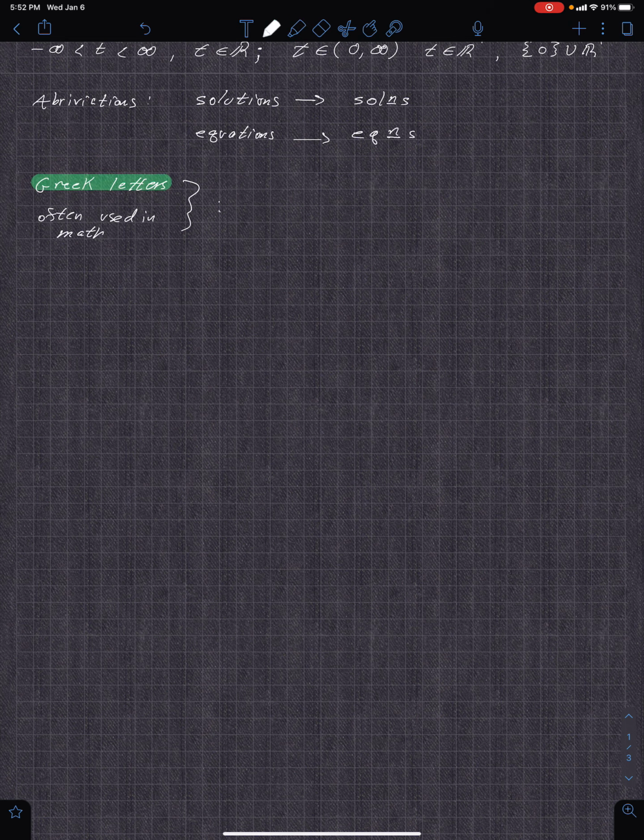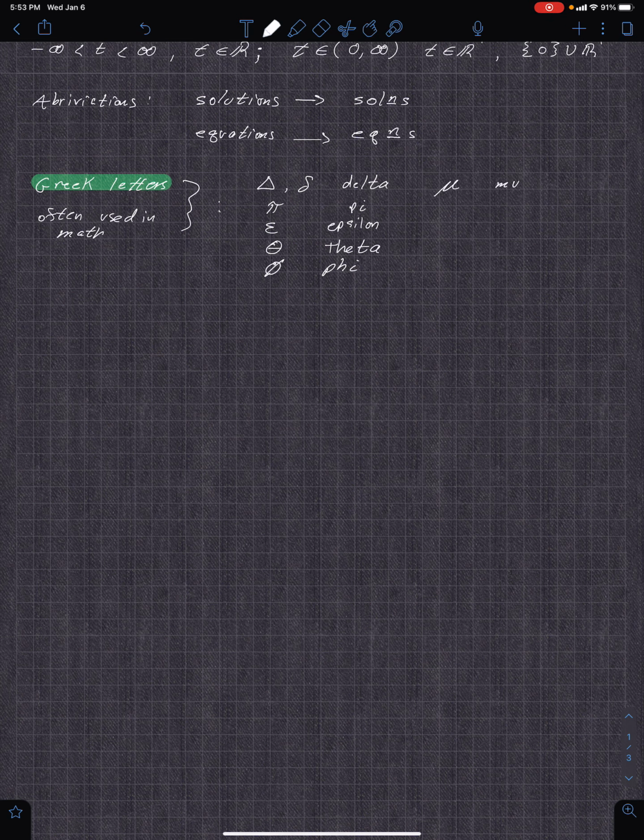Many of these I'm sure you've seen them, but just to review: delta, that's uppercase, and then lowercase delta. Of course, pi. Epsilon looks like that. Theta. Phi. What else? Mu.